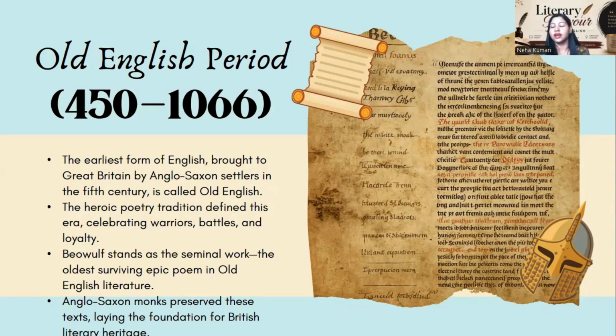Themes such as courage, loyalty, fate, and honor were central to literary works. The most important work of this period is Beowulf, the earliest surviving epic poem in English literature. The language of this period was Old English, which is very different from modern English, and it is often difficult for contemporary readers to understand.